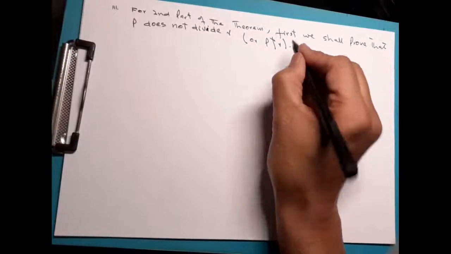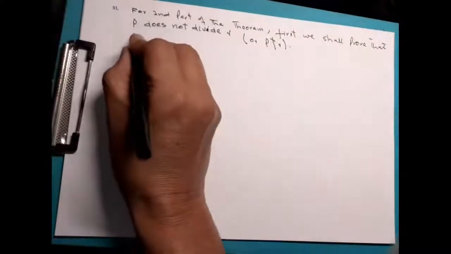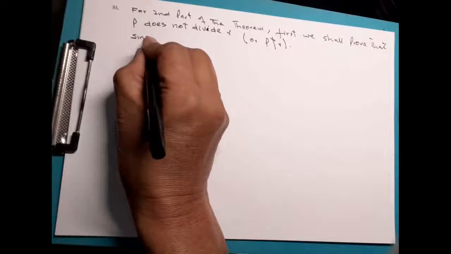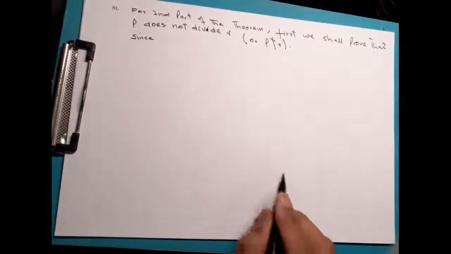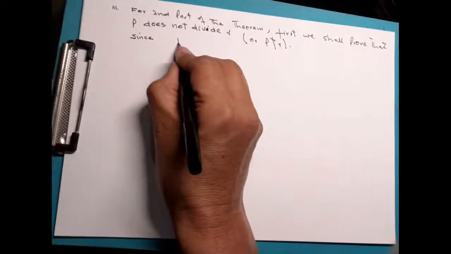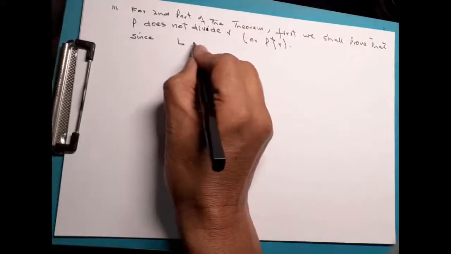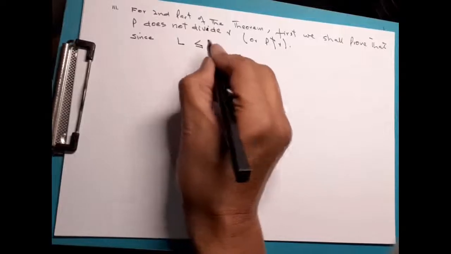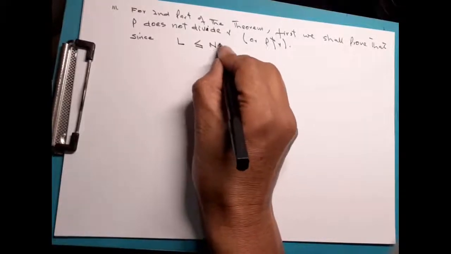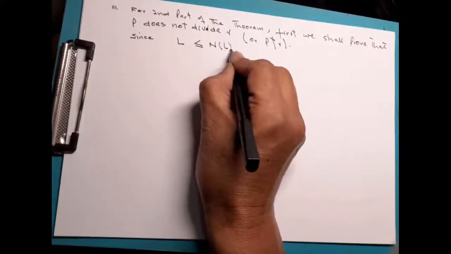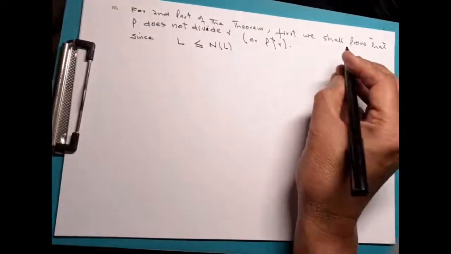So for this, note that L, this is the Sylow subgroup we have chosen in the beginning, is a subgroup of the normalizer of L. We have noted this thing earlier. Let me recall what the normalizer of L is.